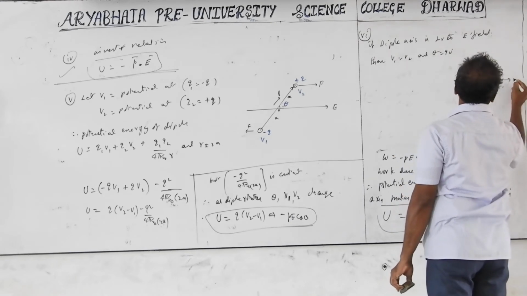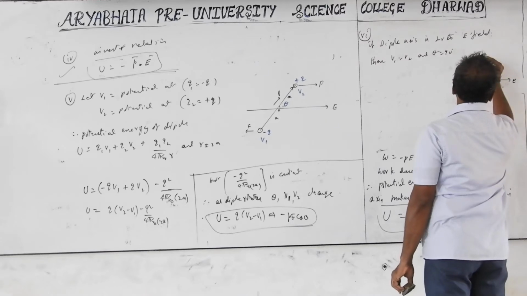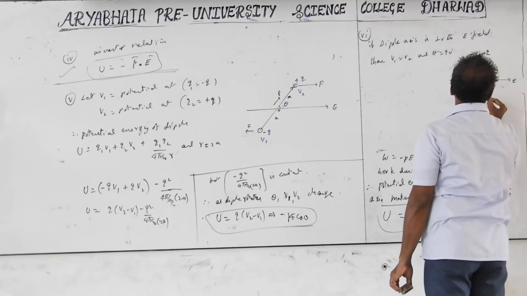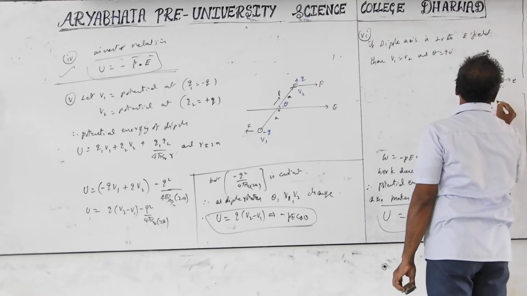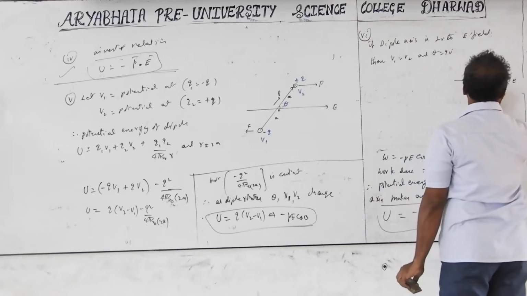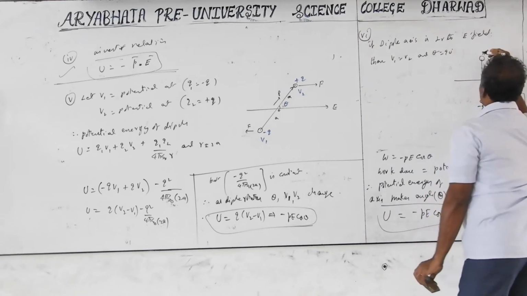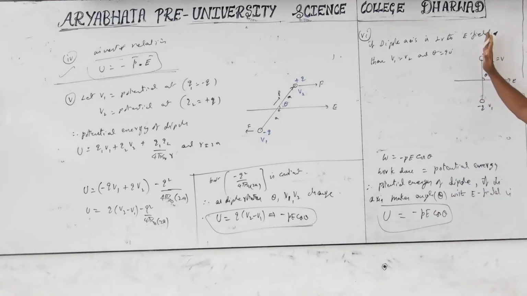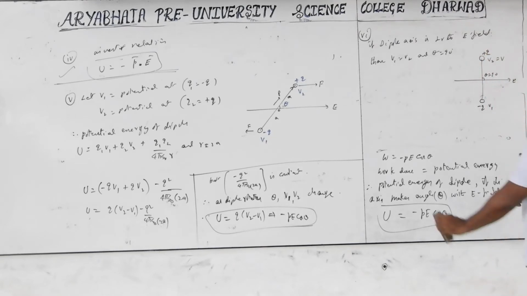Means you are taking it like this: the electric field and the dipole with charges plus q and minus q, V1 equals V2, vertically at theta equal to 90 degrees. Vertically you find an equipotential surface here. Everywhere the potential is the same. So V1 is equal to V2.